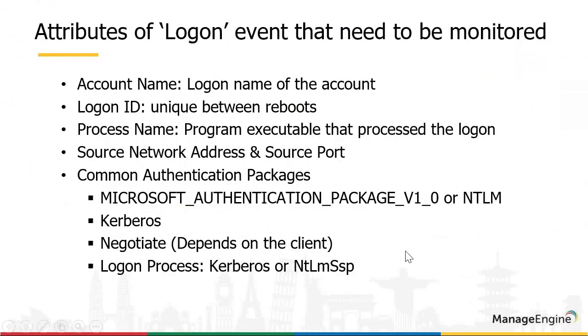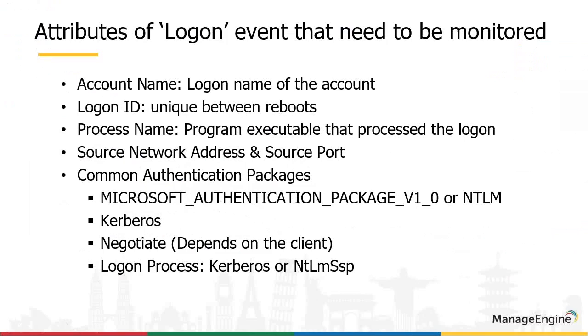All right, besides the logon type, what are all the other fields? Account name, which we will find in the logon event. And logon ID, yep, that is another unique field that has more significance in terms of tracking an attack, because we can calculate how long the user was in the session.